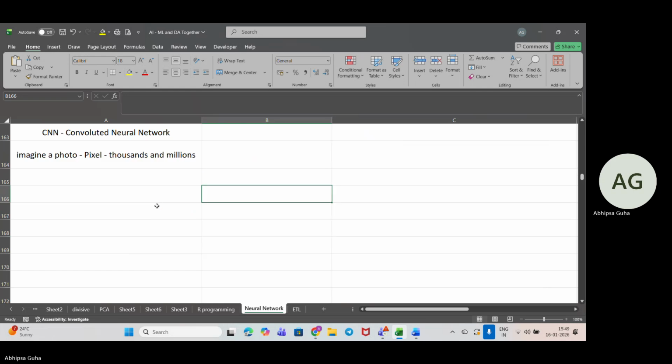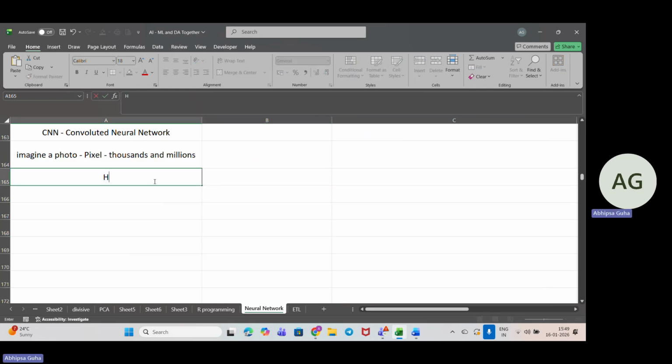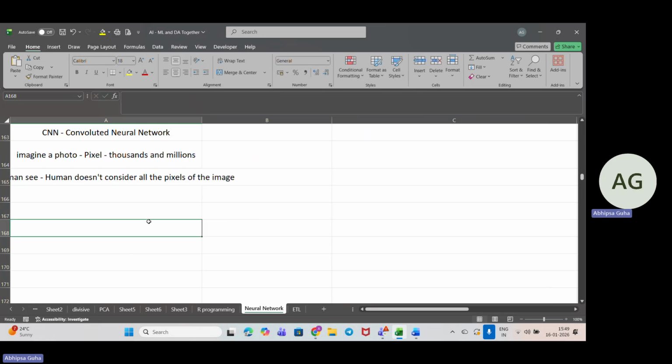Humans don't consider all the pixels of the image.